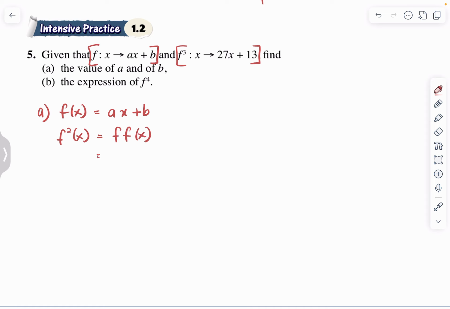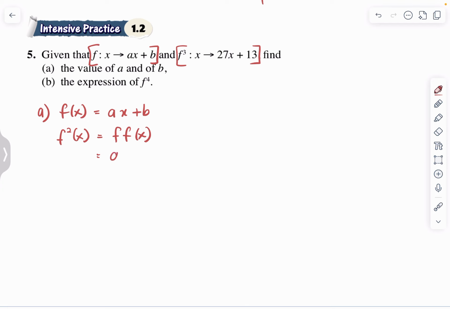So if f(x) is ax plus b, f of f(x) will be a f(x) plus b. So you have to sub the f(x) into this x.